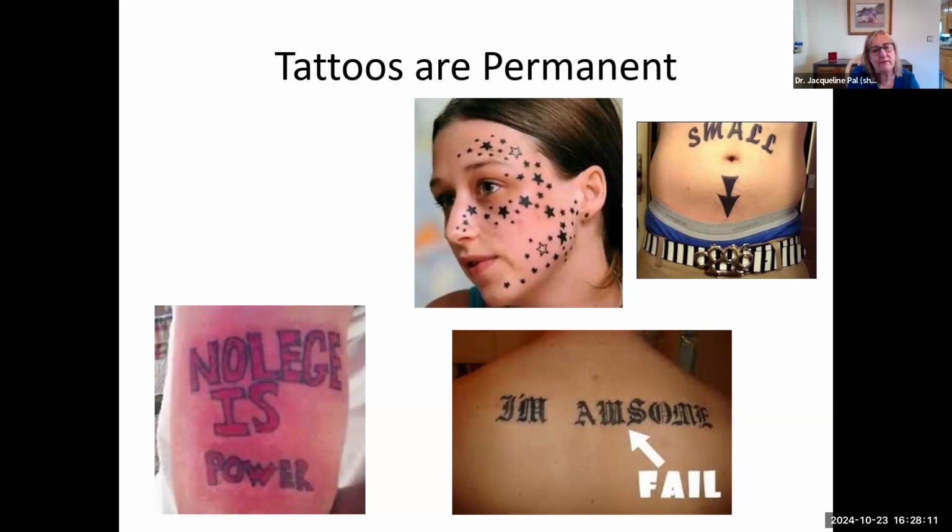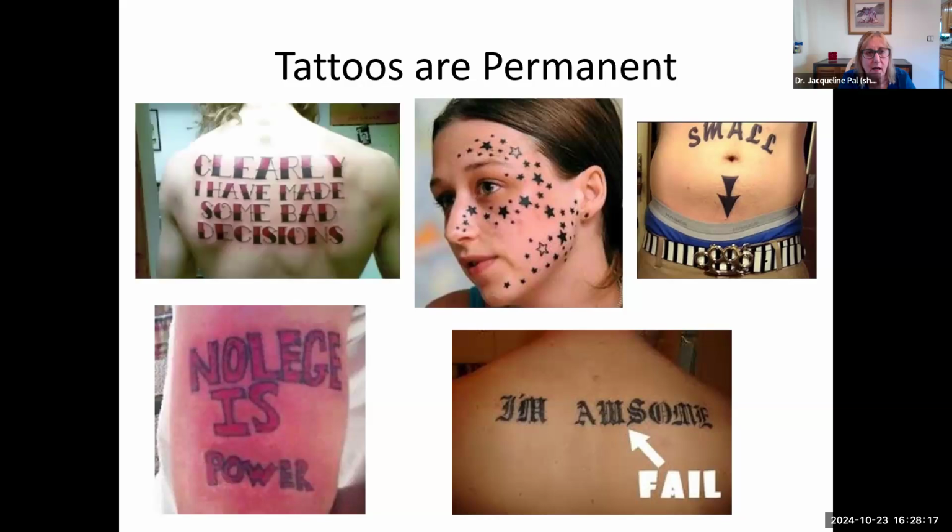So then they obviously have no power. But this last person's tattoo, I think, says it all. Clearly, this person probably did make some bad decisions, although it is spelled correctly. So kudos for at least spelling it correctly.